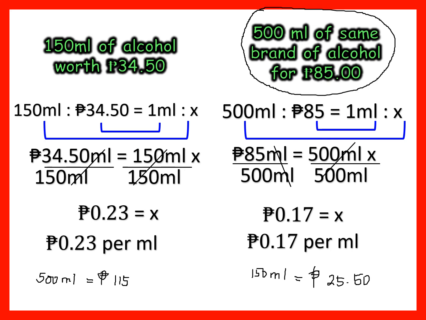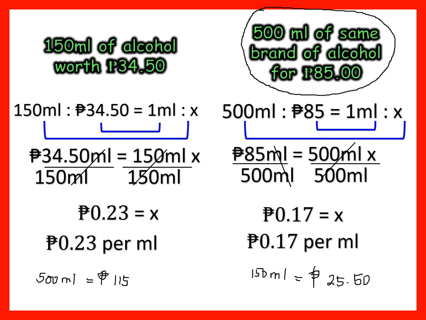Okay, that's all for today. I just want to say that the grocery store is a good source of ratio and proportion in real life. While looking at the prices of various groceries, you can easily illustrate ratio and proportion using two different volumes of conditioner, detergent, or even alcohol.